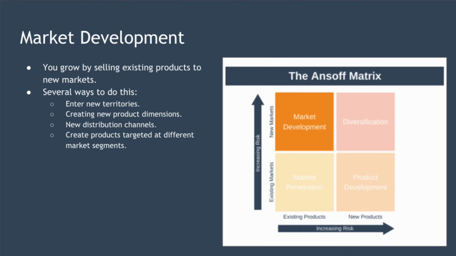Maybe one type of product might last a day, whereas another huge pack might last a month. It could mean new distribution channels, for example, a store selling only face-to-face opening an online store. And finally, it could mean creating products targeted at different market segments. For example, the same product might be packaged differently to appeal to different genders or different age groups.